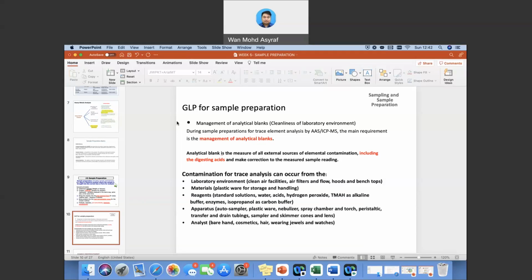And lastly is the analyst. The skills of the analyst are also part of GLP. When you work with your bare hands, you don't know what is on them in terms of cosmetics, hair, wearing jewelry or watches, all of which would seep back into your sample as interferences.